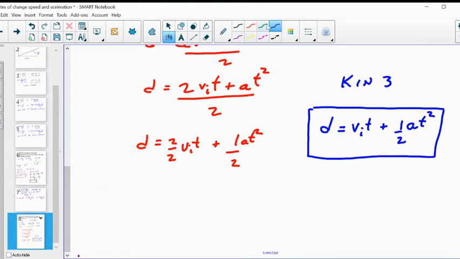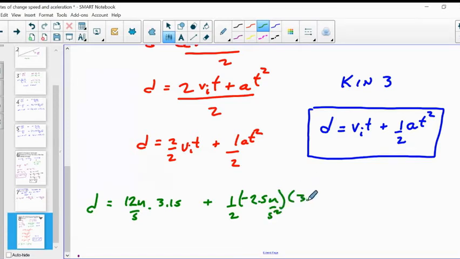So we can find that the distance or displacement is equal to the initial velocity, in this case 12 meters per second, multiplied by the time, which was 3.1 seconds. Then we'll take half of the acceleration, which, remember, was a negative, so I'm going to put that in brackets, negative 2.5 meters per second squared, multiplied by t squared, which is 3.1 seconds squared.